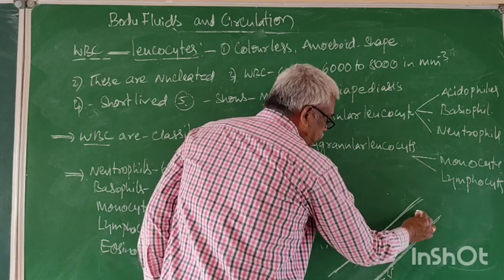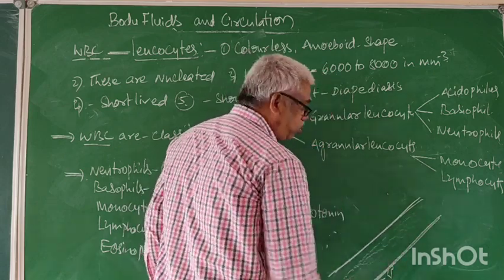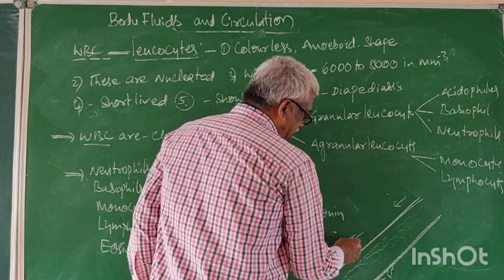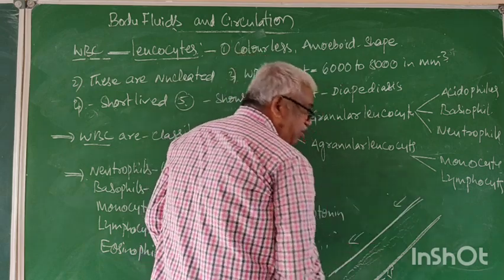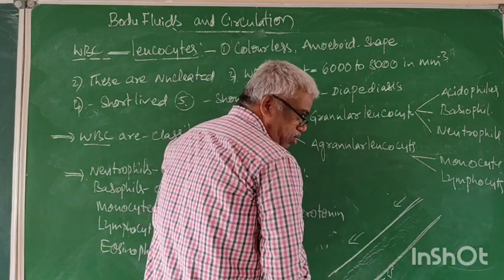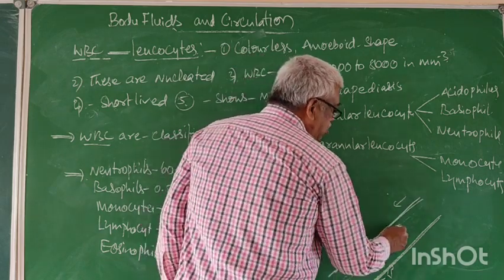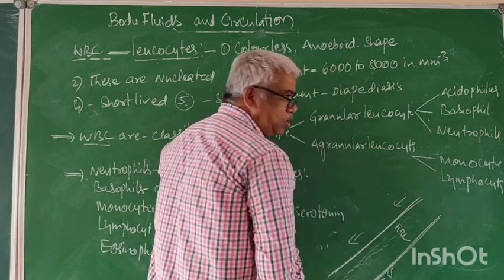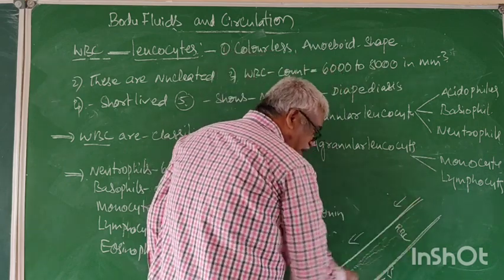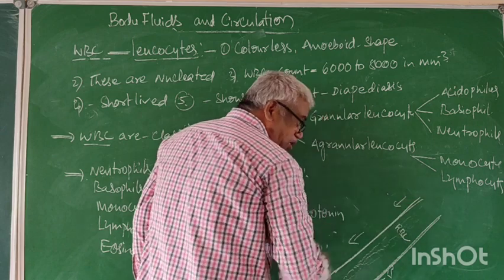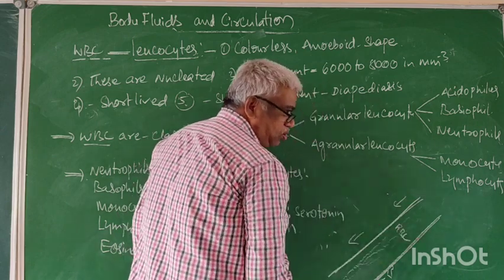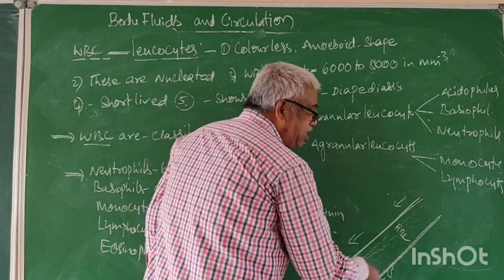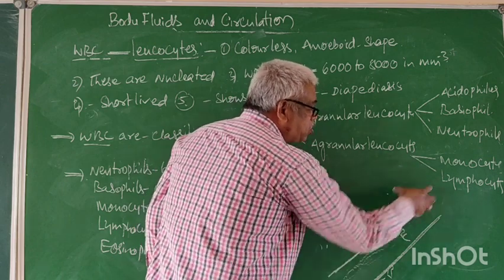Now this blood flows from this direction, right? With some pressure. What is this? RBC. Along with blood, the RBC also moves from one place to the other place. That means RBC is also circulated along with blood due to some pressure.